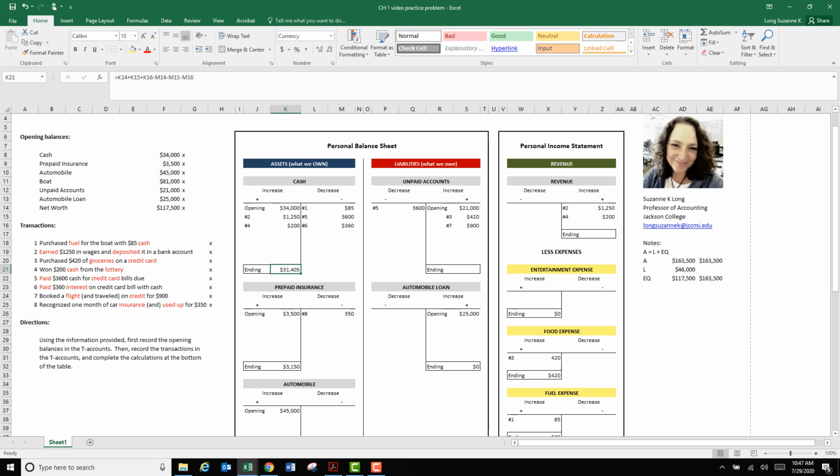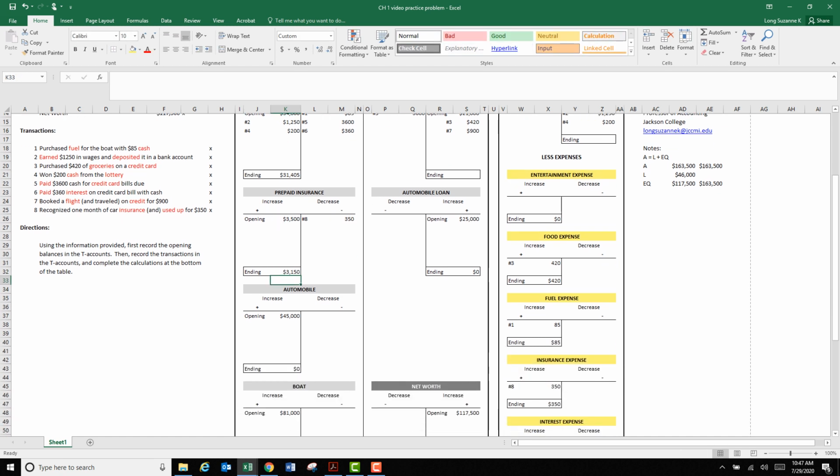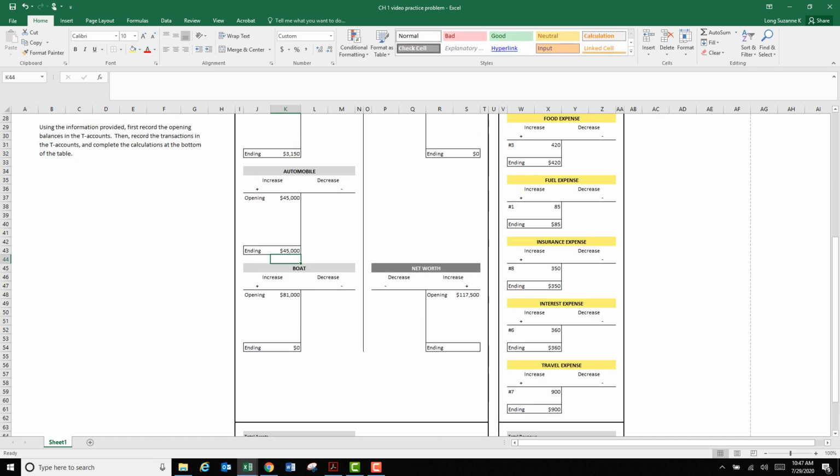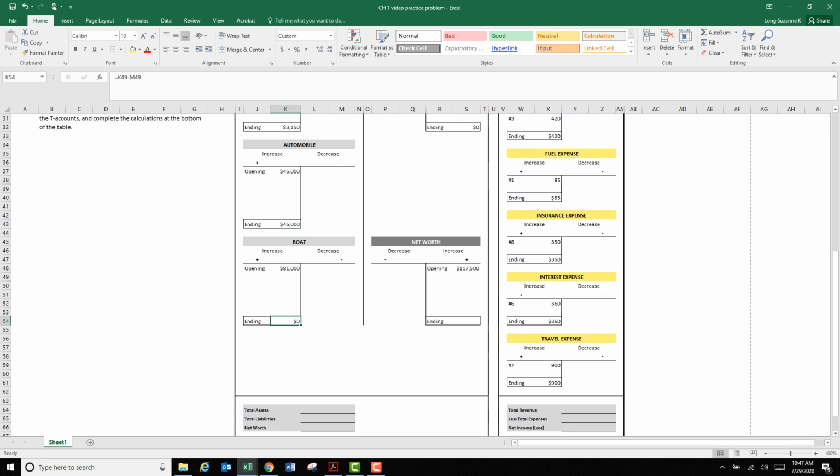So, and you could do it again. I mean, you could test yourself. We're going to test the whole thing. So, this one equals this minus this. Yep. Automobile. We didn't change that one at all. So I'm just going to hit equals, enter. Boat. We didn't change that one at all.